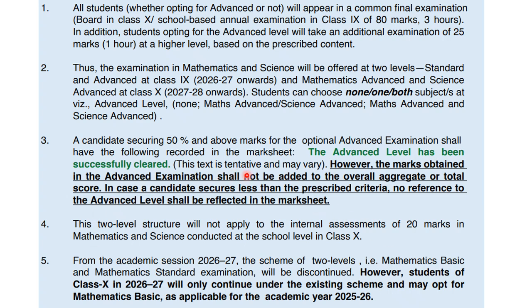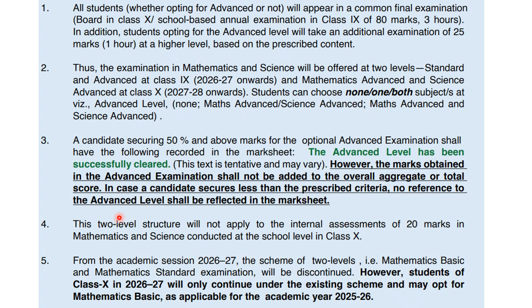This text is tentative and may vary. However, the marks obtained in the advanced examination shall not be added to the overall aggregate or total score. That will be based on the 80 marks of the common question paper only. In case a candidate secures less than the prescribed criteria, maybe less than 50%, no reference to the advanced level shall be reflected in the mark sheet. Nothing will be reflected.